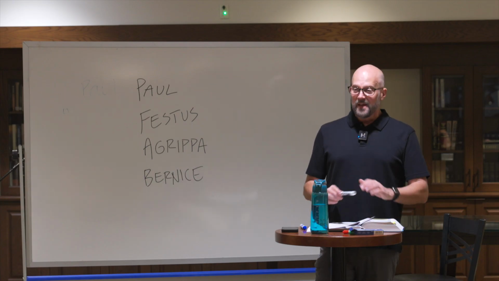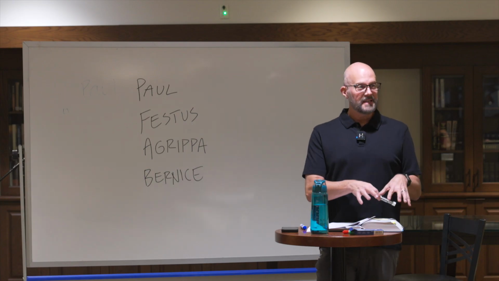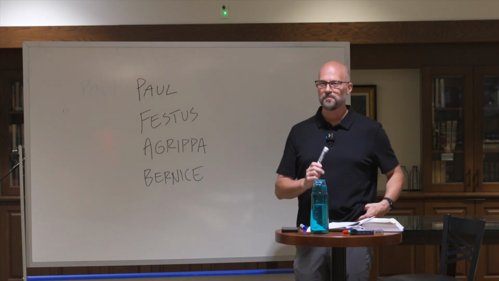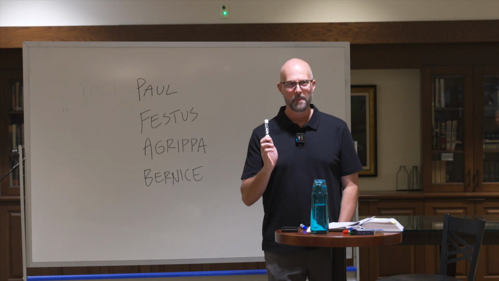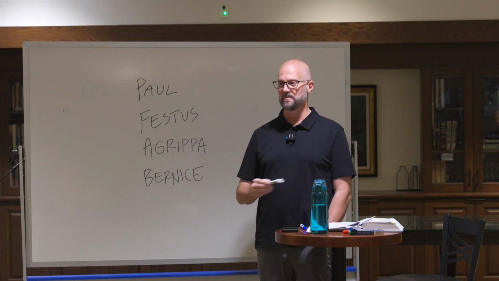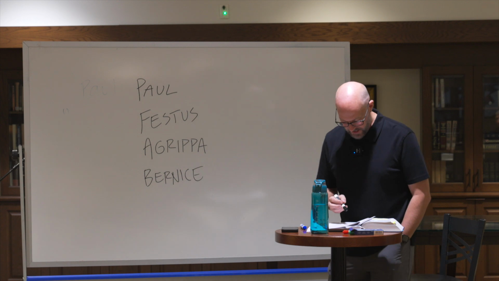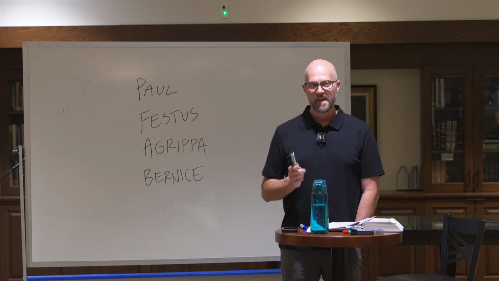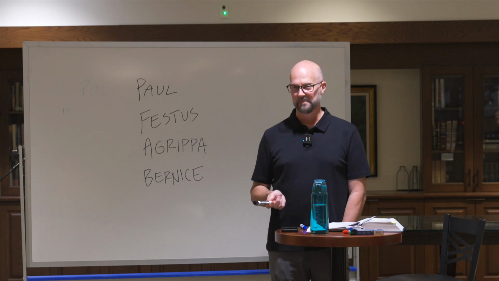So Herod Agrippa II, King Agrippa, who's come on the scene, is coming from a lineage of people who are messy and have attacked Jesus and the apostles. And Bernice is his sister and probably his wife.